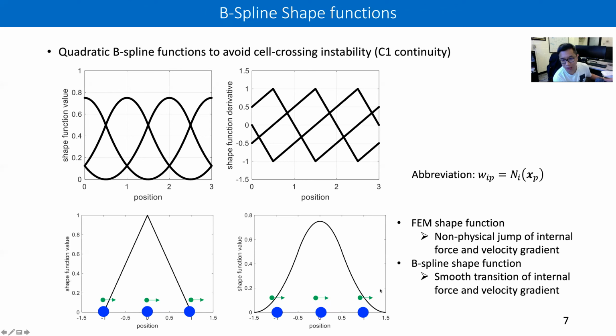This can be easily corrected by introducing quadratic B-spline functions that give us smooth transitions of the internal force and the velocity gradient, such that we can avoid the oscillations. So here we write the shape functions at the material point in position X as a WIP.